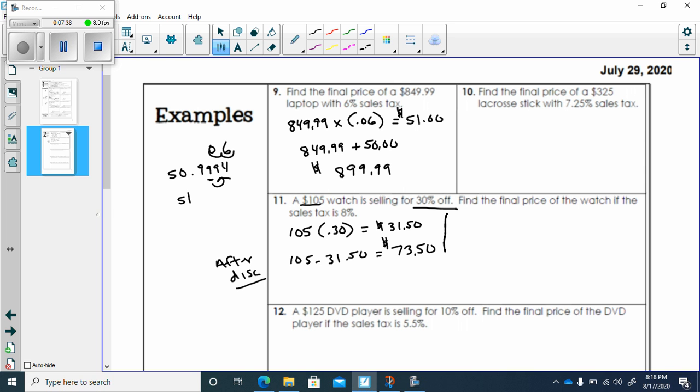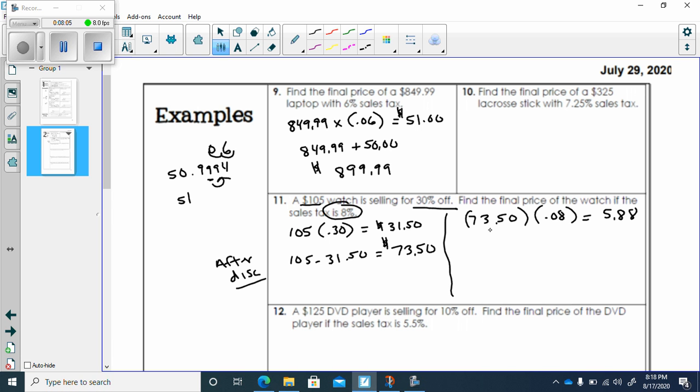Okay, so now let's find the watch's price after we add the sales tax, which is 8%. Now I need to take the $73.50 and I need to find 8% of that. 8% is 0.08. That is $5.88.